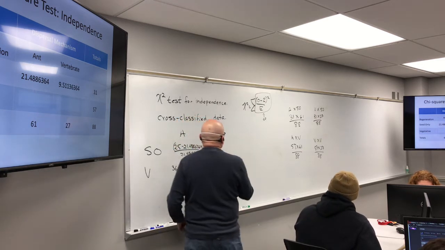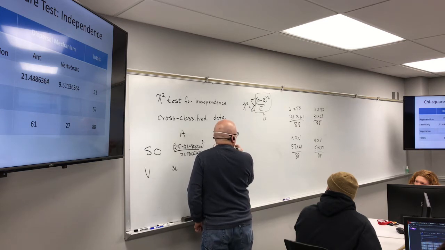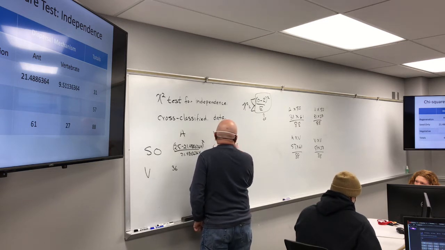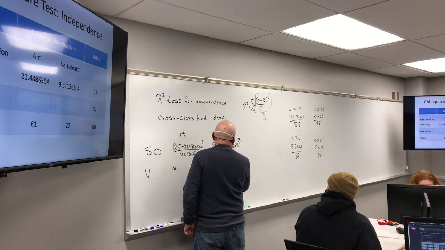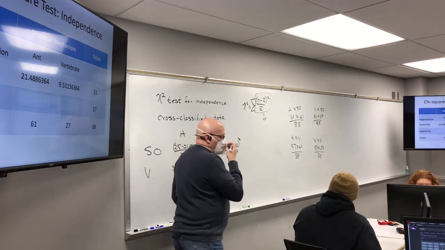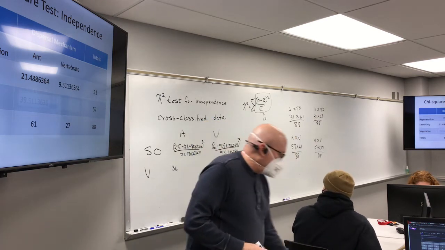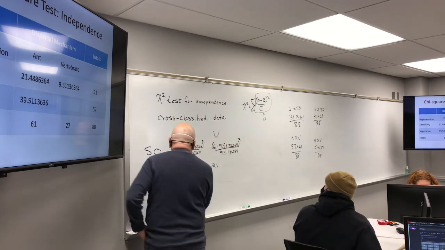I'm doing my math correctly. That would be squared, and we would divide it by the expected. Then for this cell, I got an expected of 39.51.